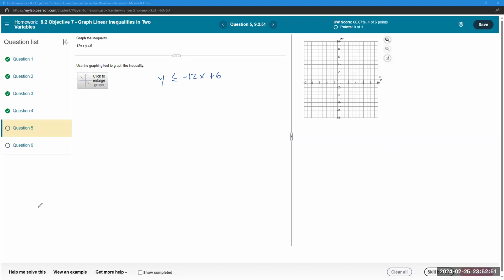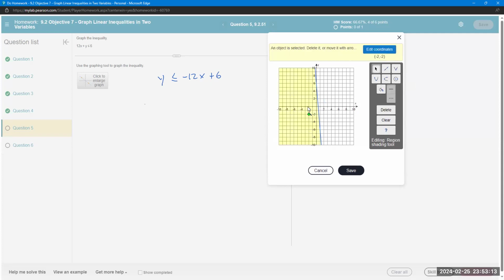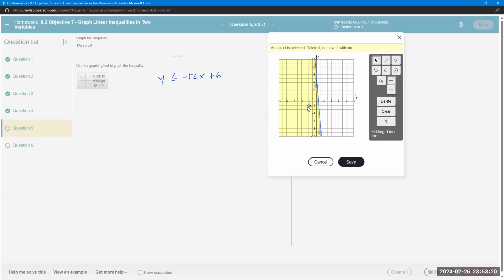So it is or equal to, so it's a solid line, y-intercept of 0, 6, down 12, right 1, and then I'm going to shade below that line. So that's over here on this side.